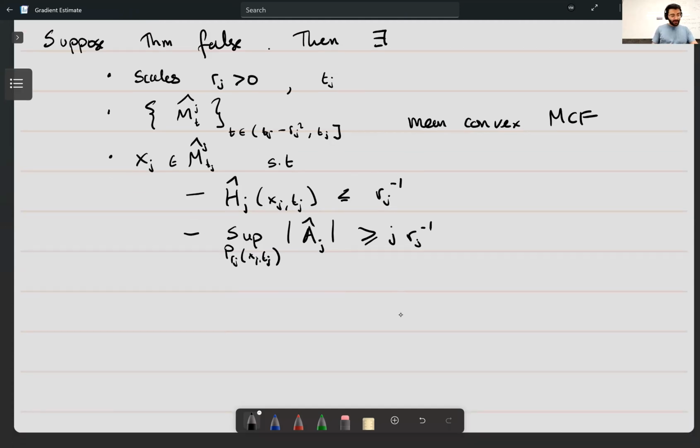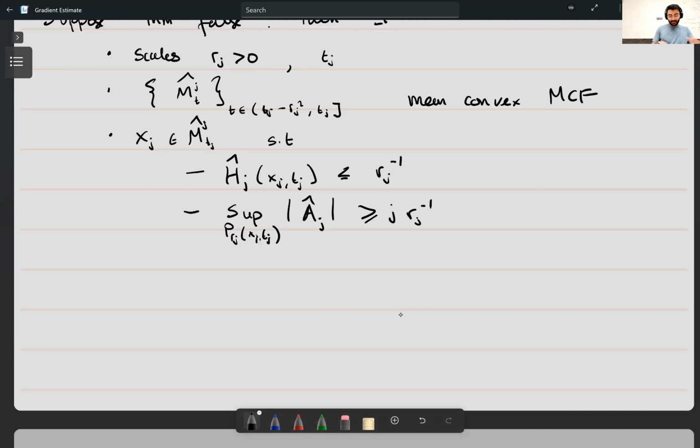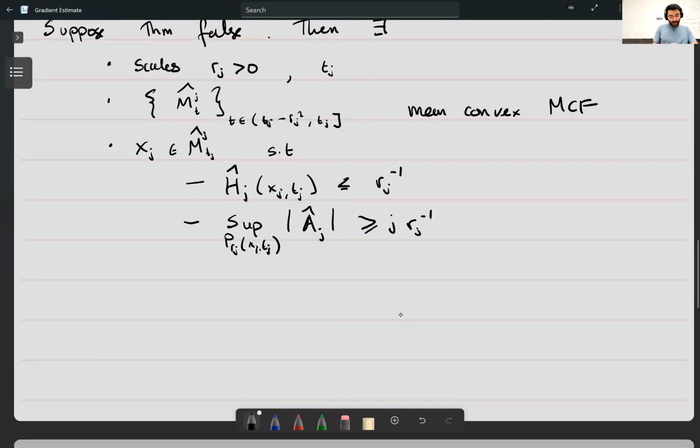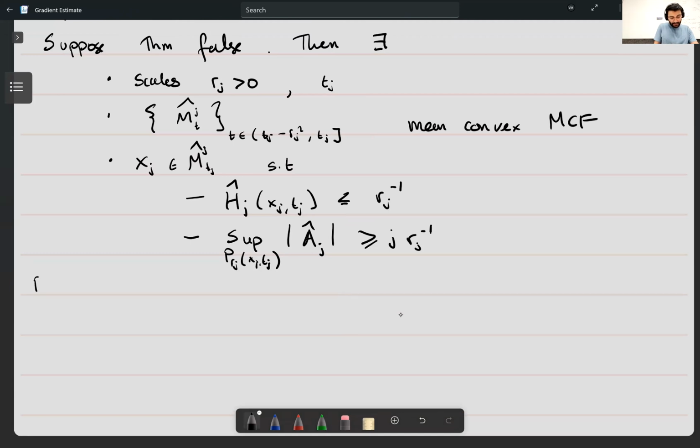All right, so now I'm going to define a new sequence by rescaling this example here. Define a sequence of solutions to mean curvature flow Mj, t, where t is in (-j, 0).